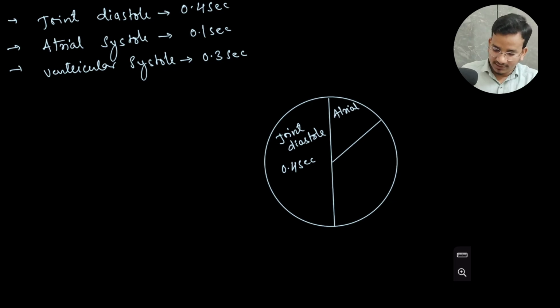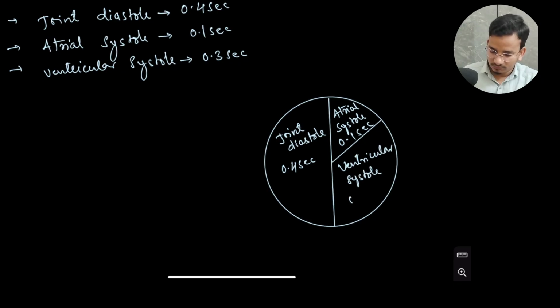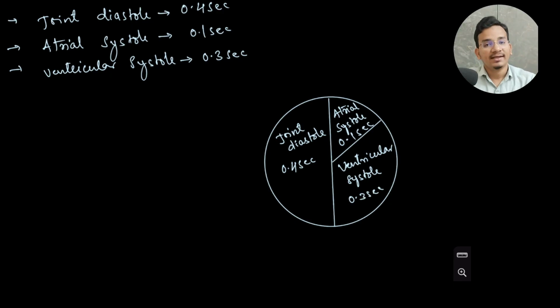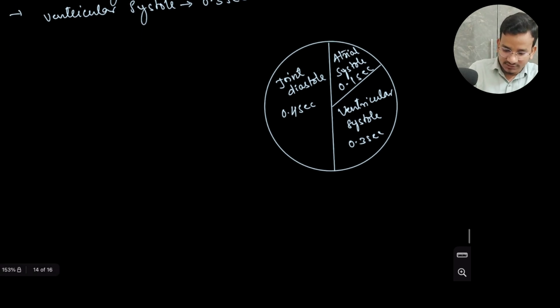Atrial systole is 0.1 second, whereas ventricular systole is 0.3 second. This circle indicates the whole 0.8 second, the cardiac cycle duration. In it we have divided the events based on which event takes how much time. First we will see the joint diastole.